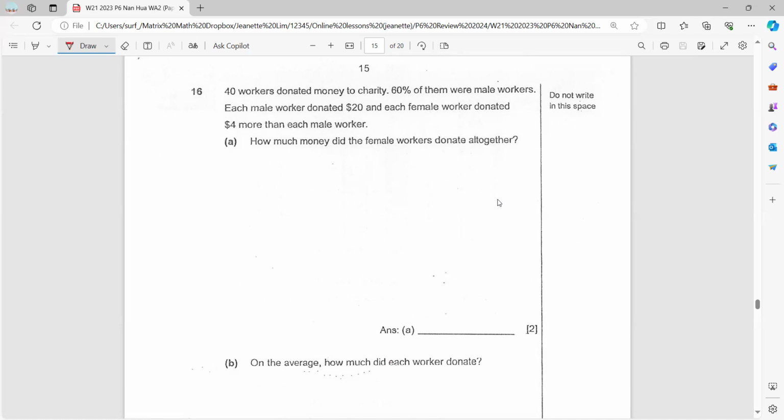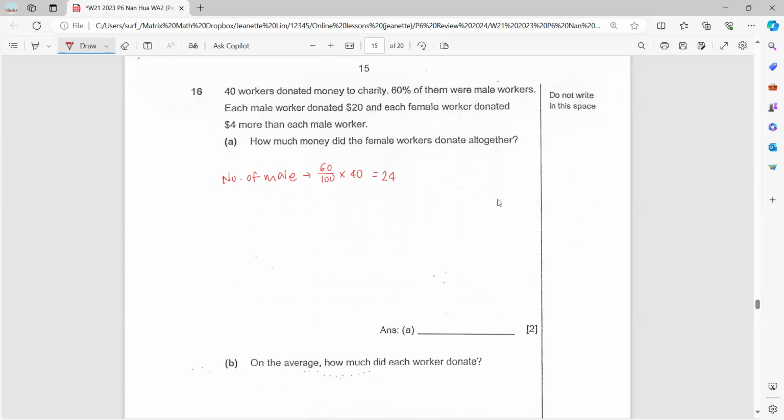There's 60% of them, right? So let's find number of male workers first. 60% is 60 over 100 times 40 workers. So this will give us 24.